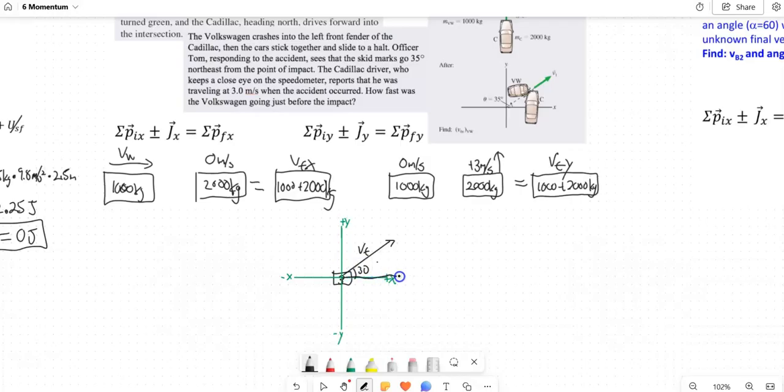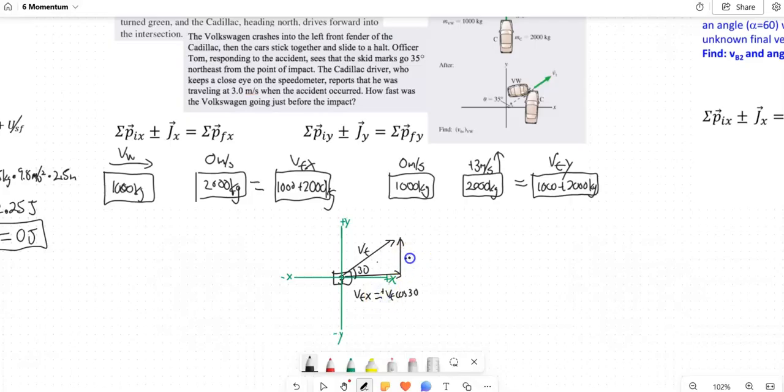So this velocity in the x direction, which is v final x, is v final cosine of 30 degrees. This velocity upwards should be positive.